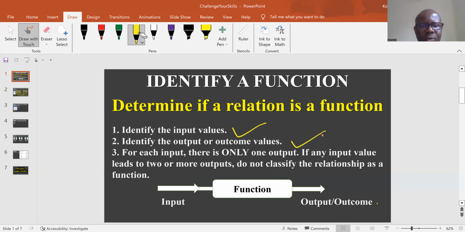And now the third one, which is very important, is this. For each input, there is only one output. If any input value leads to two or more outputs, do not classify the relationship as a function.